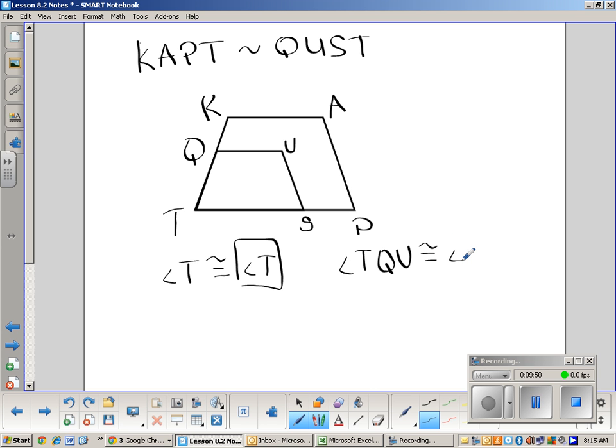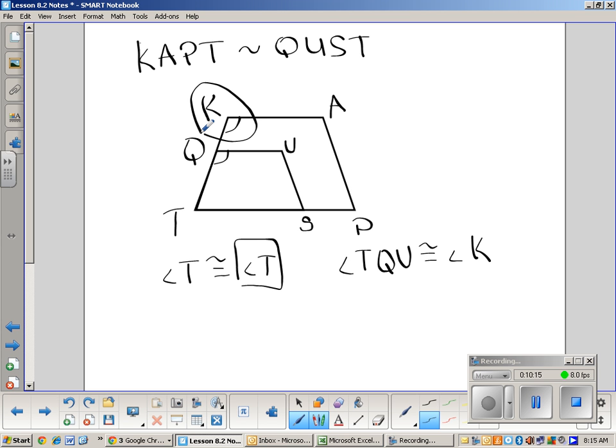Oh, TKA? Okay, or K, since we're saying this one's congruent to this one, right? Since it's the only angle at that intersection, it's okay to just use a single letter.